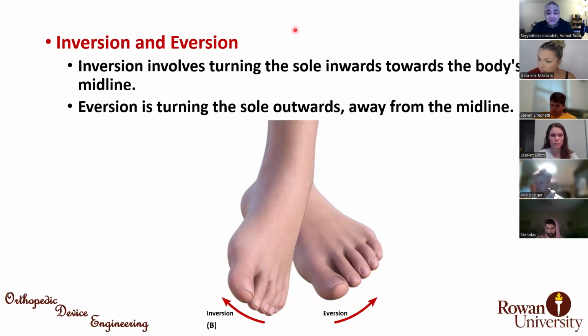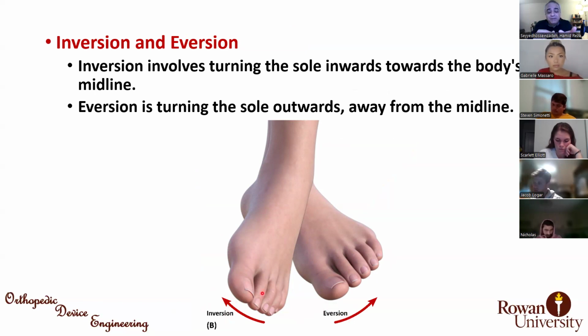In the foot, we have specific motions called inversion and eversion. Inversion, as you see in the picture, is when the sole of the foot is turned inward. And if we turn the sole of the foot and the whole foot outward, it is called eversion.